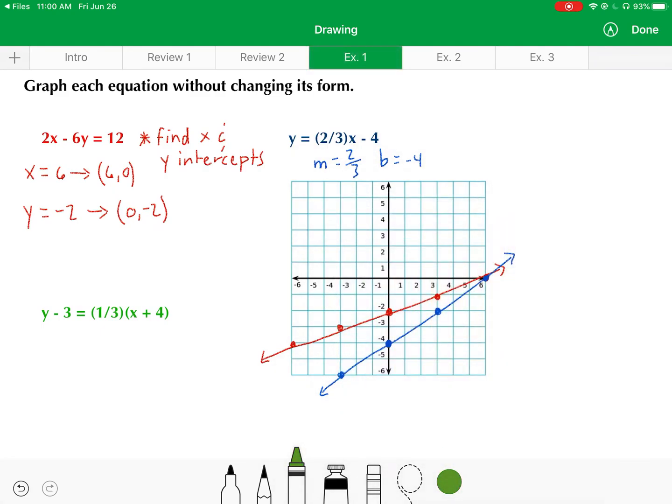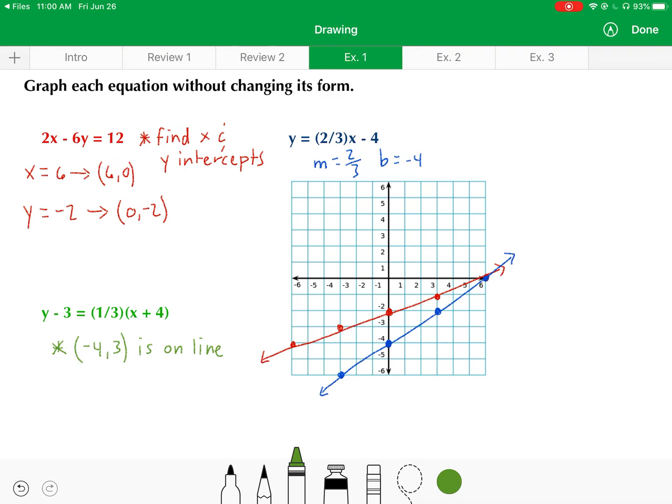All right, finally we have point slope form. And for whatever reason, students always want to try to convert point slope form into slope intercept form before they graph it. It is not necessary, okay? Just by looking at this equation in green, I can tell you that the point (-4, 3) is on the line.